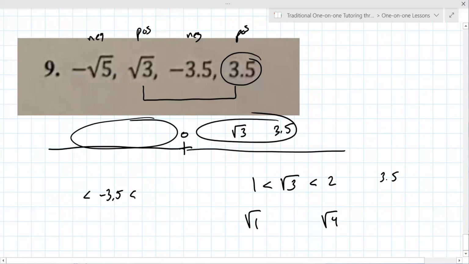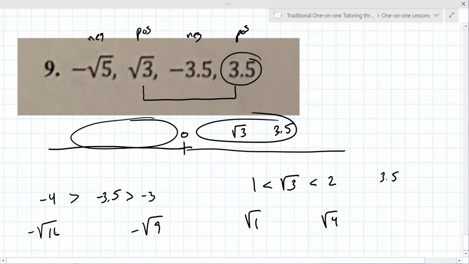Okay, now negative 3.5, this is where it's a little bit weird. It's between two negative numbers. I'll just give you the answer here, -3 and -4. -3 is negative square root of 9, and this is negative square root of 16.